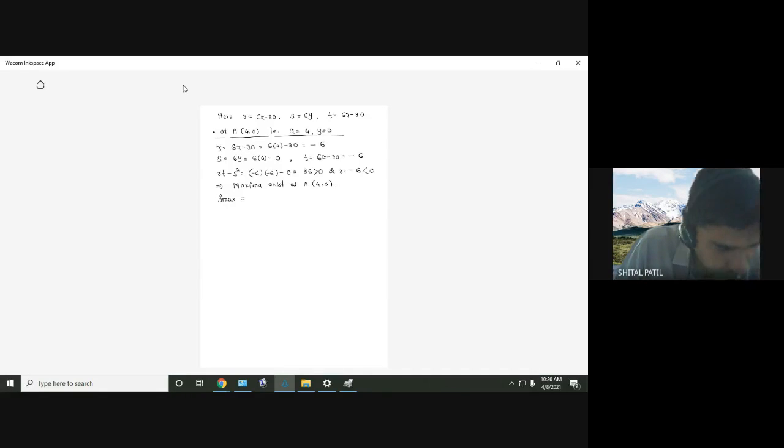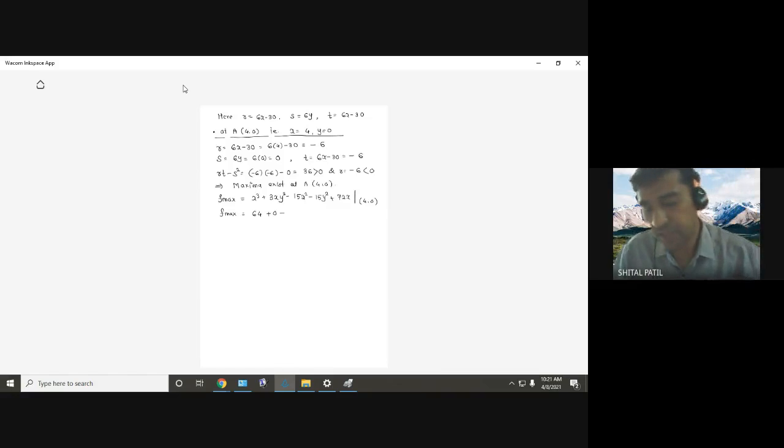F max equal to, take the equation. (15 into 16), how much is this?